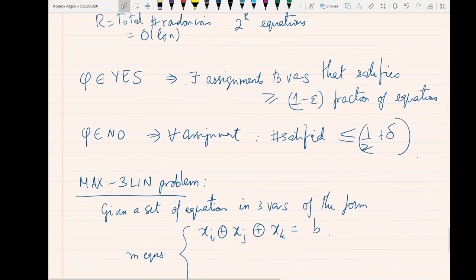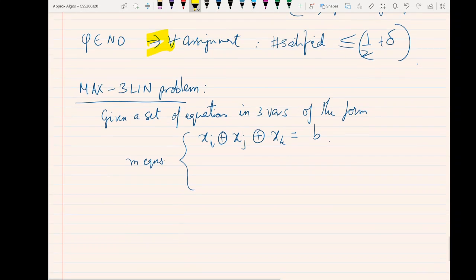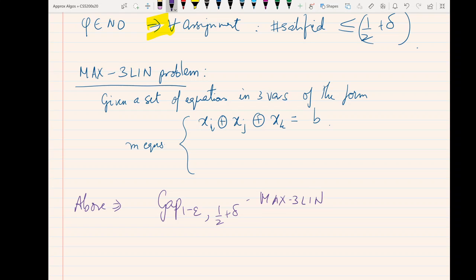And what we have shown just now using this reduction is that the problem of deciding between 1 minus epsilon or half plus delta of Max Thielen is NP hard.